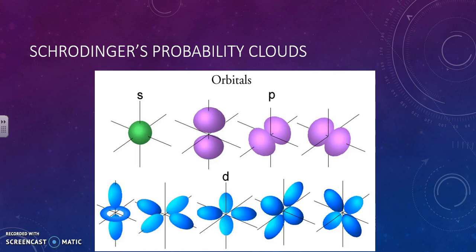And then 1 looks like a P cloud with a donut around the outside. These are known as the orbitals. And an orbital is defined as a space where 2 electrons will probably be found.